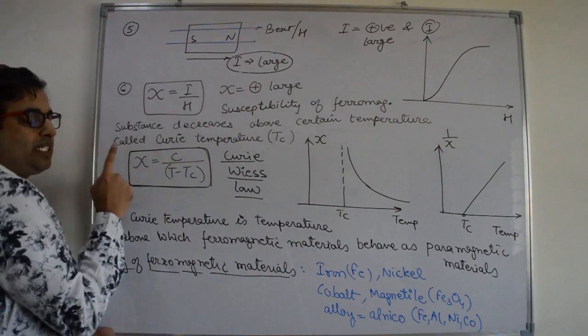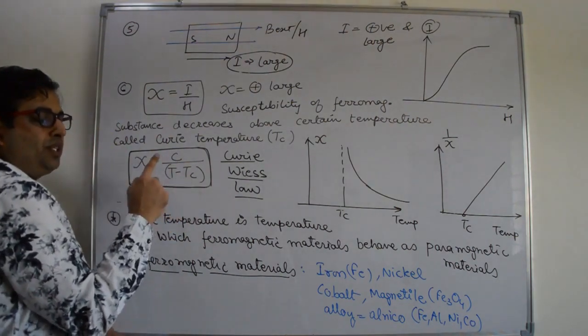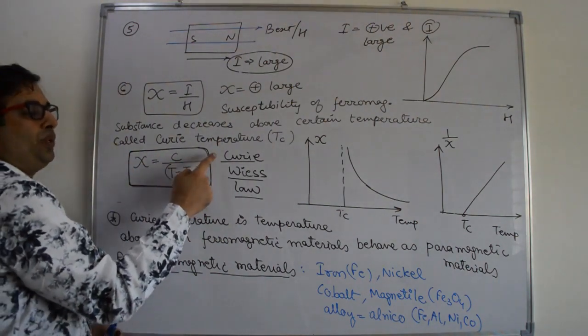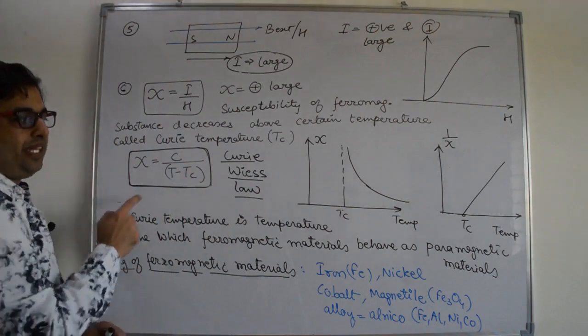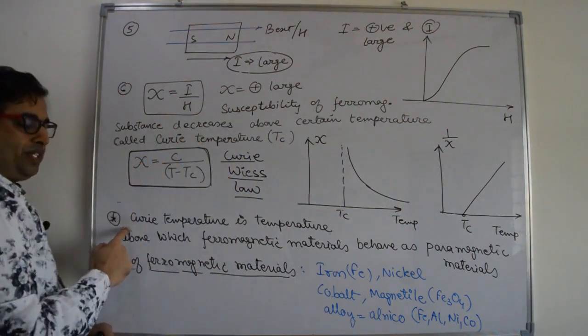So susceptibility will decrease for a ferromagnetic substance only after Curie temperature, and this relation is known as Curie-Weiss law, right? Very important law, and the definition is also important. What is Curie temperature?